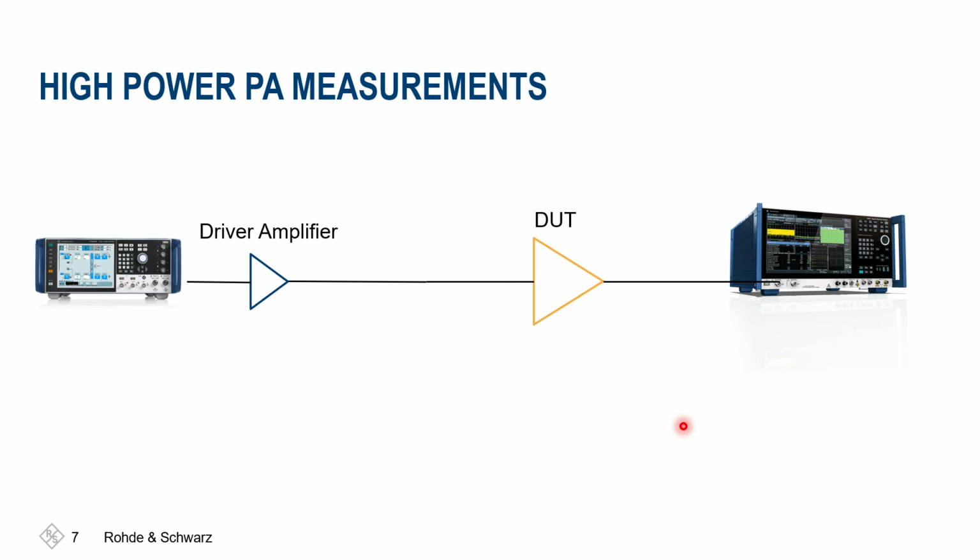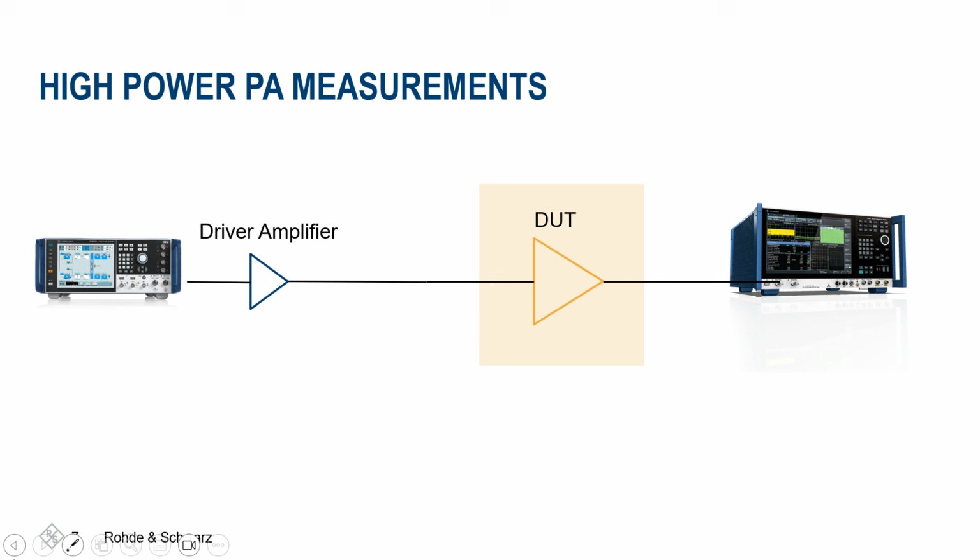So why do we have two amplifiers in this block diagram? The first one, of course, is the device under test itself. This is what we want to characterize in the end. However, as I said, this demo is all about a high power PA, and high power PAs require very high input power because they amplify on a high power level.